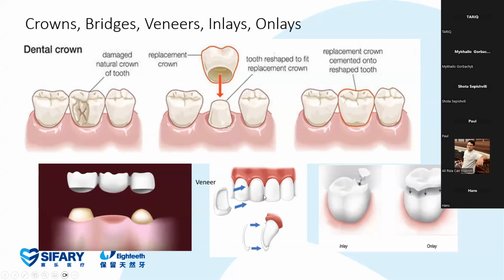Veneers are mostly used for aesthetic reasons. They are only made for the anterior areas, where some of your teeth are visible when you smile. So I'm going to call this area anterior, and if it's not visible when you smile, I'm going to call it the posterior area. A veneer is only a thin layer on your anterior area.